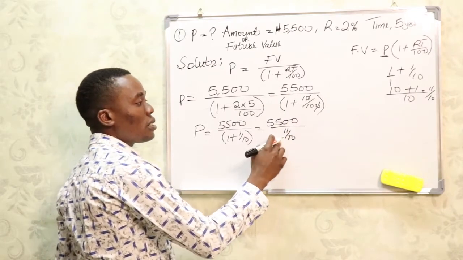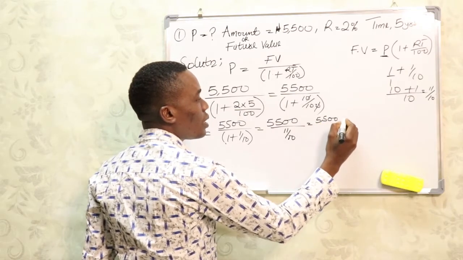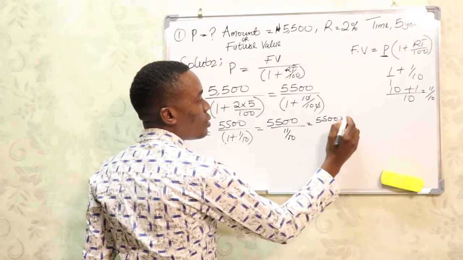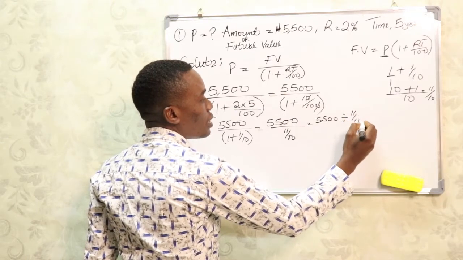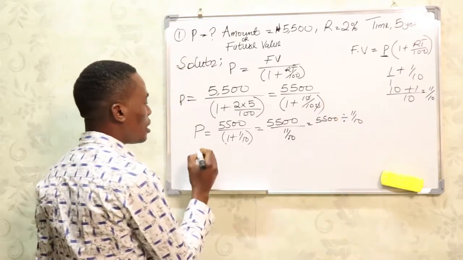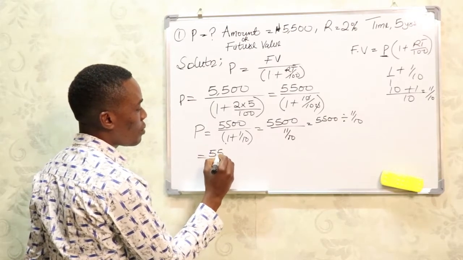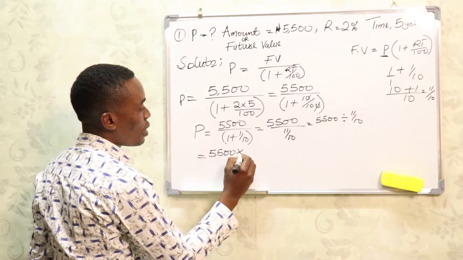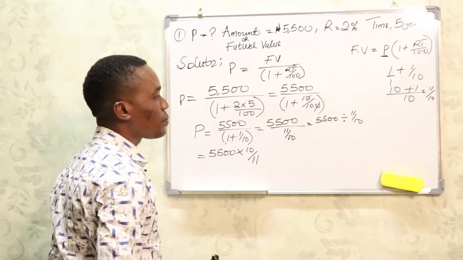Now this is a division sign. It's just like you are dividing 5,500 by 11 over 10. Now you know this is going to change. We're going to have 5,500 multiplied by 10 over 11.